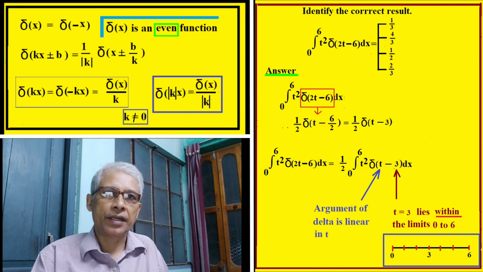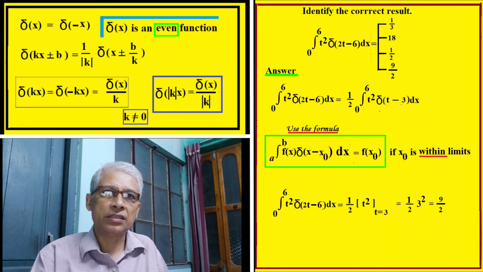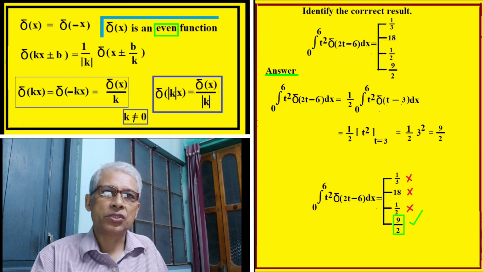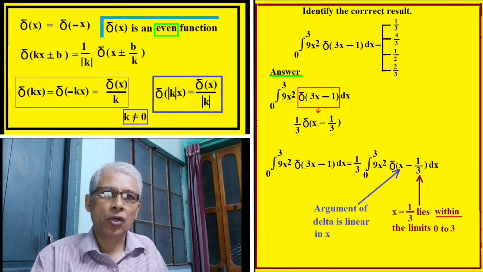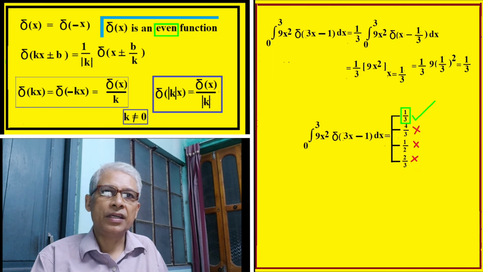After ensuring that the argument of Dirac delta is linear in t and that t equal to 3 falls within the range of integration 0 to 6, we can evaluate the value of the integrand at t equal to 3, and the answer is 9 by 2. So the problem is solved. This slide shows a similar problem, and to solve it we have to run on the same track. Verify the workout.